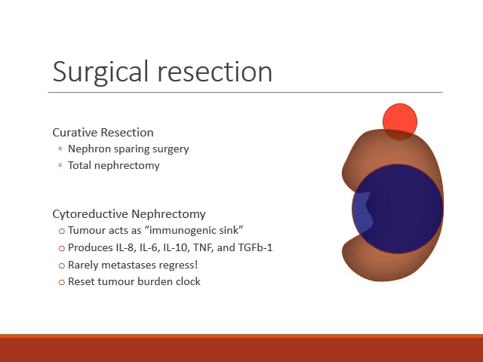That's one big reason. There also have been reports of metastases spontaneously regressing when the original tumour is removed, but these are very, very rare. And finally, once you remove the source of metastases, another good reason to get rid of it is that you sort of reset the clock as far as accumulation of tumour burden is concerned.